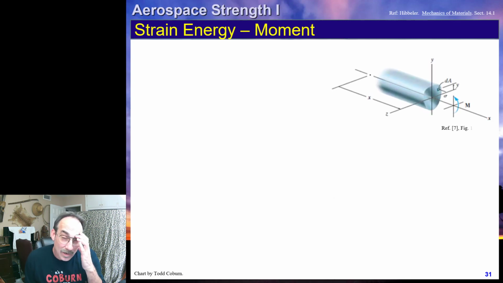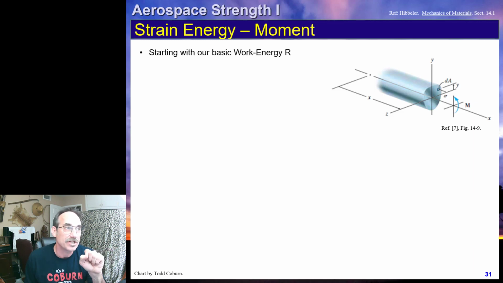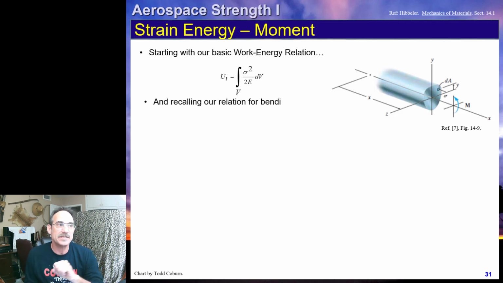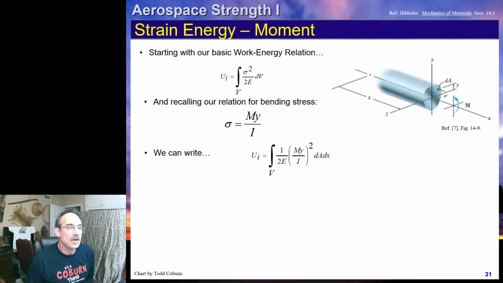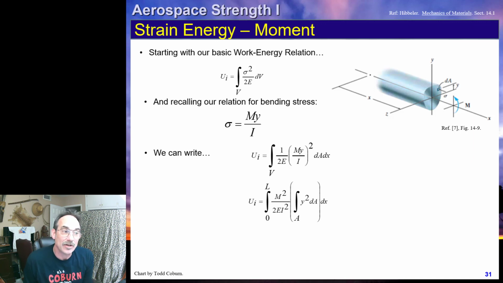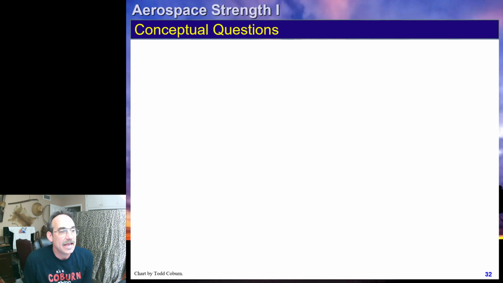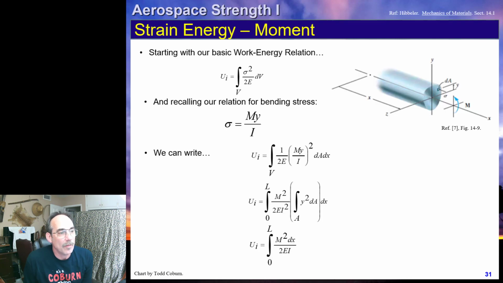Okay. One other little idea, we've been learning about strain energy along the way, and if we have strain energy for bending moments, it's going to be calculated in the same manner. We're going to start off with our basic work energy relation that we've seen a few times now. We're going to call our relation for bending stress. We plug that in. We then can simplify that a bit. Looks like that is the moment of inertia, so we can change that out and write it in that form.